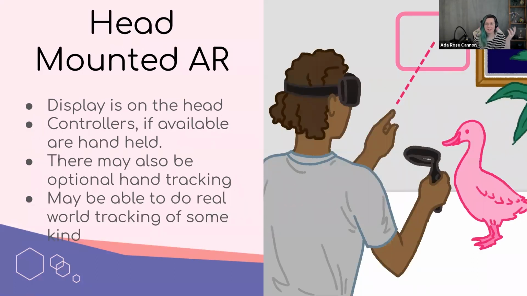The next thing we have is head-mounted augmented reality. So these are headsets like the Magic Leap or the HoloLens. So this kind of sits in between the two. It has the same form factor and controllers and capabilities of virtual reality, but also has the real-world tracking capabilities of augmented reality.